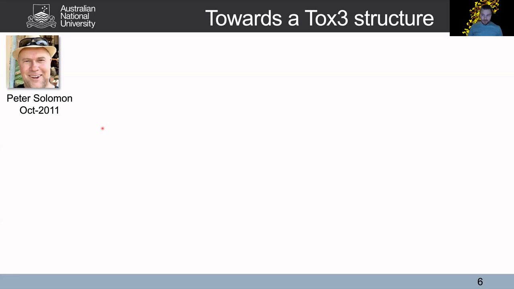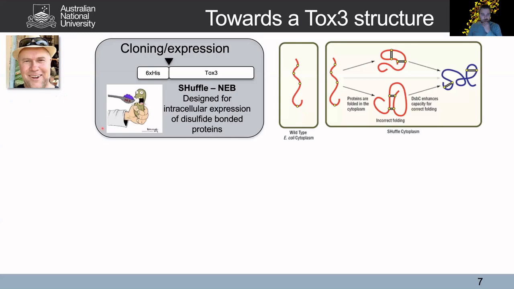And Peter had just given a talk about TOX3, and I was really interested in understanding more about this protein. A few years later, I established a collaboration with Peter, which continues to this day. And we actually have labs next door to each other. So this was a slow process.